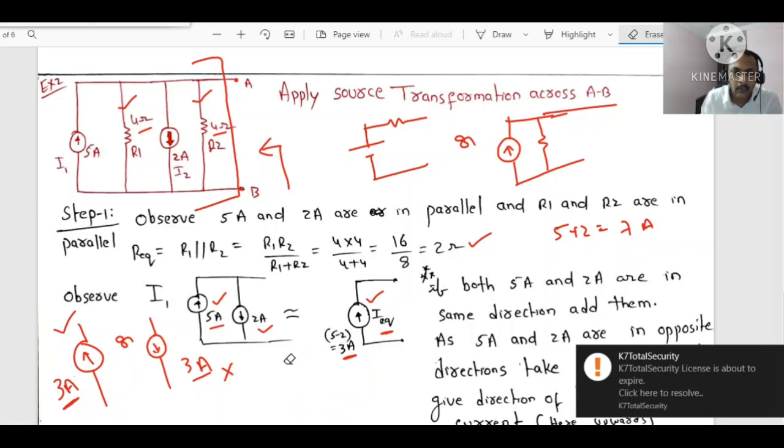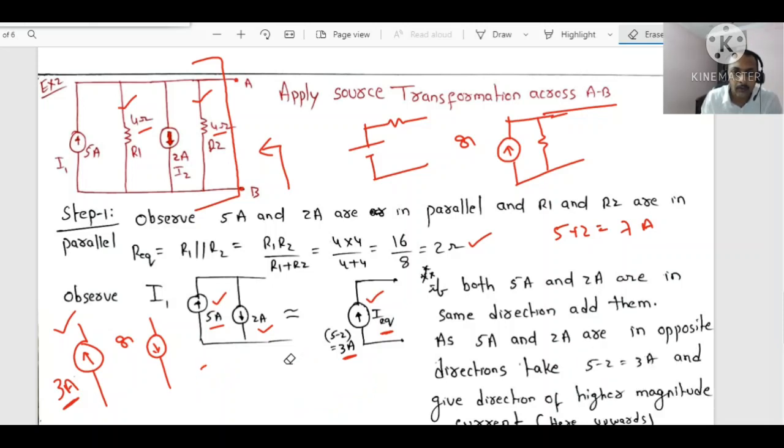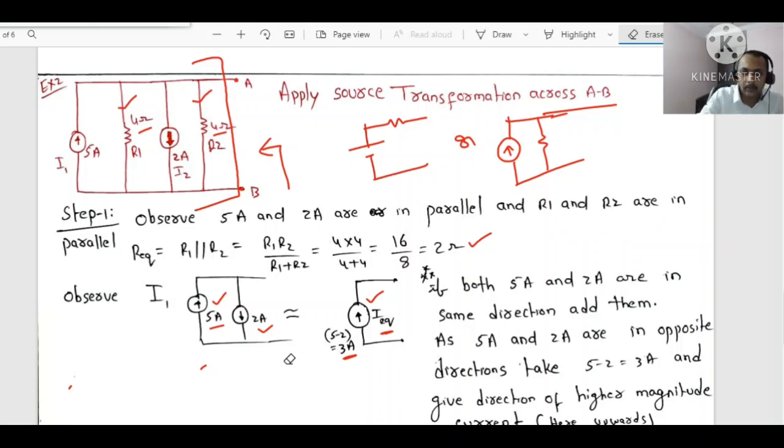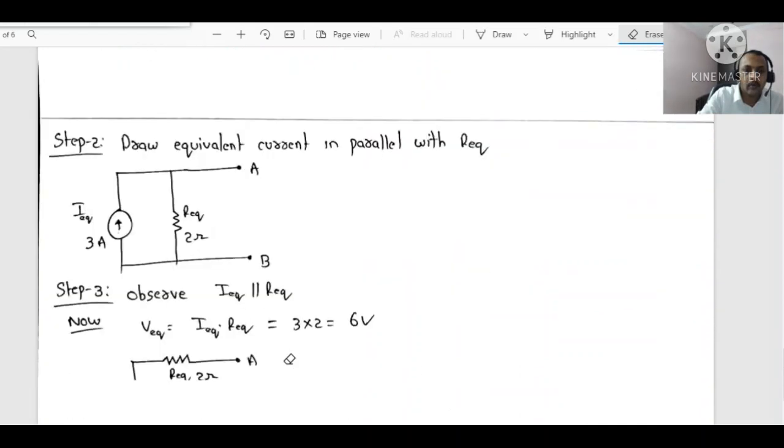If 2 amps direction is also upwards, then you are correct. If 2 amps is also pointing upwards, then 5 plus 2, that is correct only, 7 amps. But both the arrowhead directions are opposite to one another. So this is what I have written here. That is the precaution you have to take.